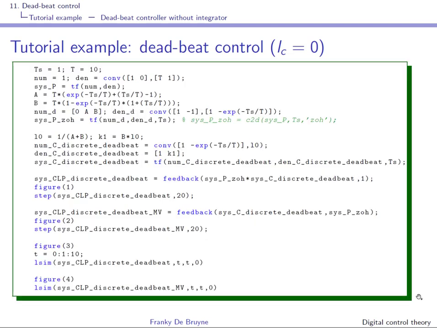So let us look at the Matlab code. This is really obtaining the zero order hold equivalent description of the process. Here we do the implementation of the deadbeat controller with LC is equal to 0. This is obtaining the two relevant transfer functions, and what we do now is compute the step responses.